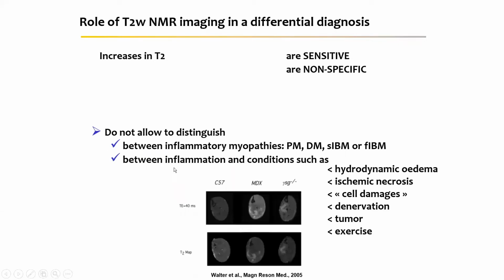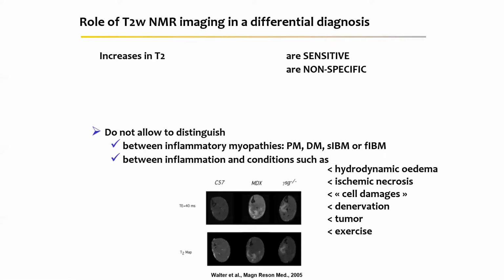But all conditions that are associated with an increase in water mobility, and you can think about it in simple terms of edema, will result in an increase in T2, and I've listed here a few of them. Necrosis, of course, will increase the T2. Cell damage, increased cell permeability, as you can have in a dystrophic muscle, will also do it. Hydrostatic edema in a cardiac patient will do that.